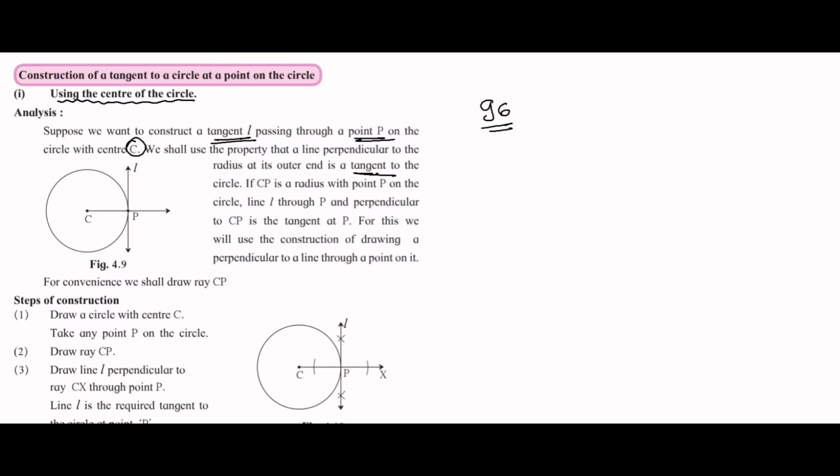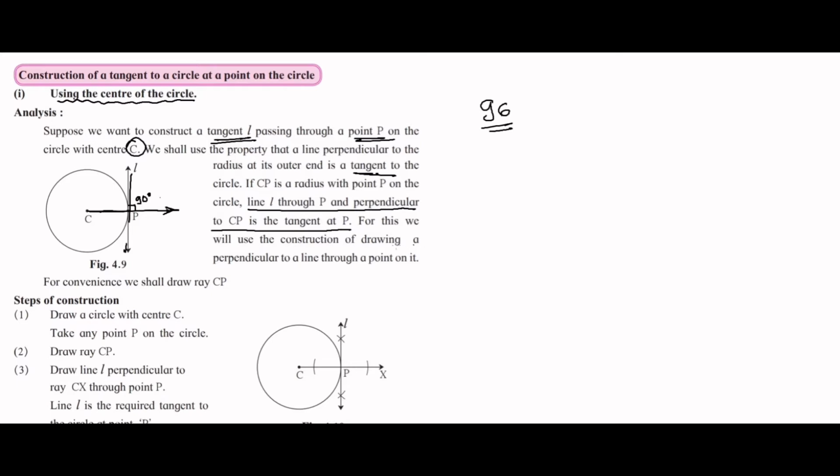So over here CP will be your radius, the point where the tangent is touching. So this will be a perpendicular, a 90-degree angle made by this tangent with the radius. So line L through P and perpendicular to CP is the tangent at P.